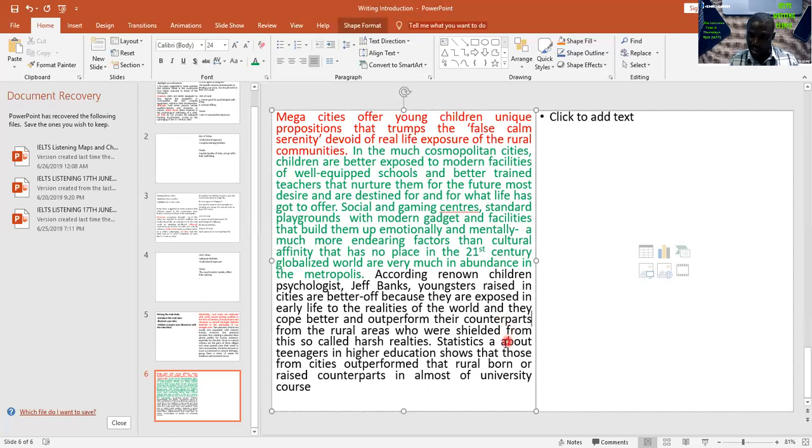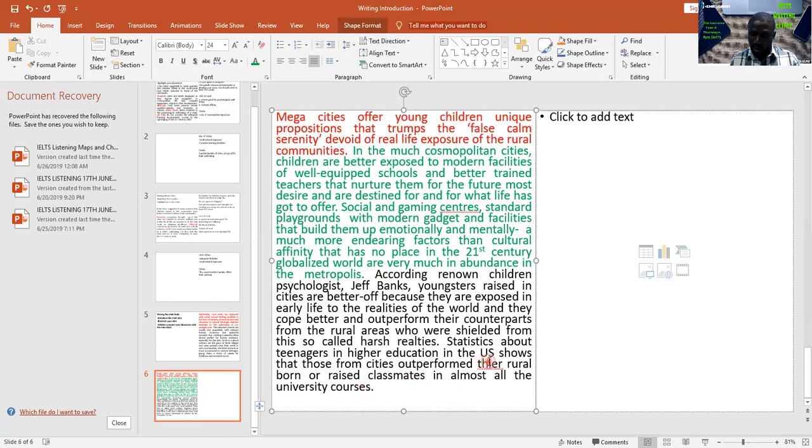I went over this too fast. Statistics about teenagers in higher education in the US shows that those from cities outperform their rural born classmates in almost all the university courses.